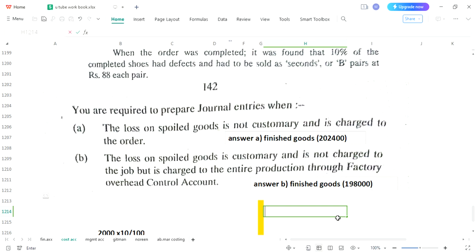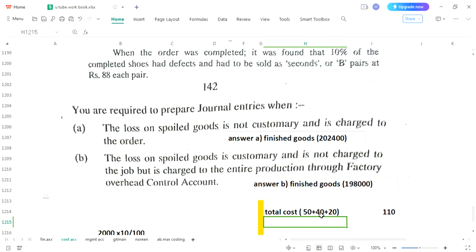Total cost, how did you calculate? Price was 50 and then 40 and then 50% of labor. Labor was 40, its 50% would be 20. Statement completed, and now you can calculate total cost: 50 plus 40 plus 20. This was your total cost.